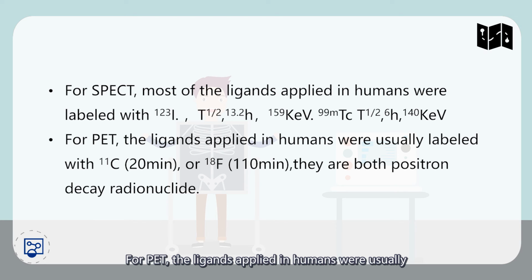For PET, the ligands applied in humans were usually labeled with carbon-11, half-life 20 minutes, or F18, half-life 110 minutes. They are both positron decay radionuclides.